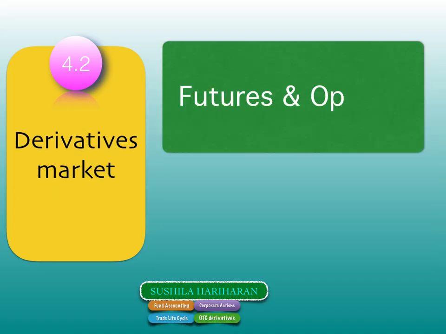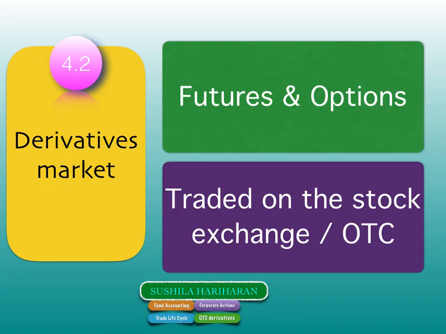A derivative market is a market where the settlement takes place beyond the spot date. On exchanges, these are called the futures and options market, F&O, as it is largely described amongst many of the YouTubers. Futures and options are derivatives that are traded on the stock exchange.